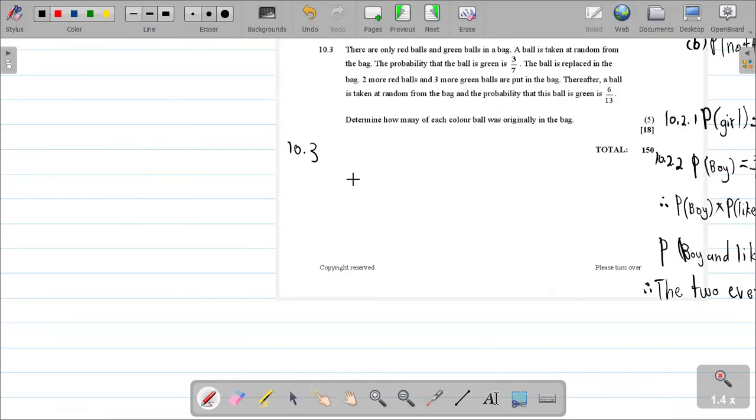So we can see from the probability here that the ball is green is 3 out of 7. So it means the red is 4 out of 7. So the original ratio of green to red will be 3x is to 4x.